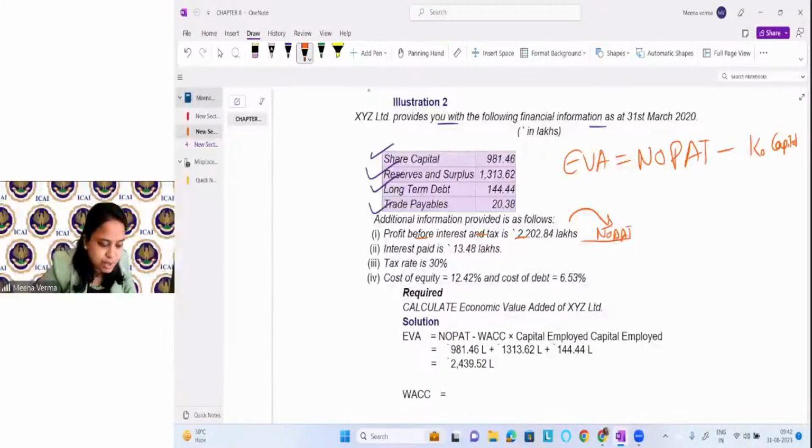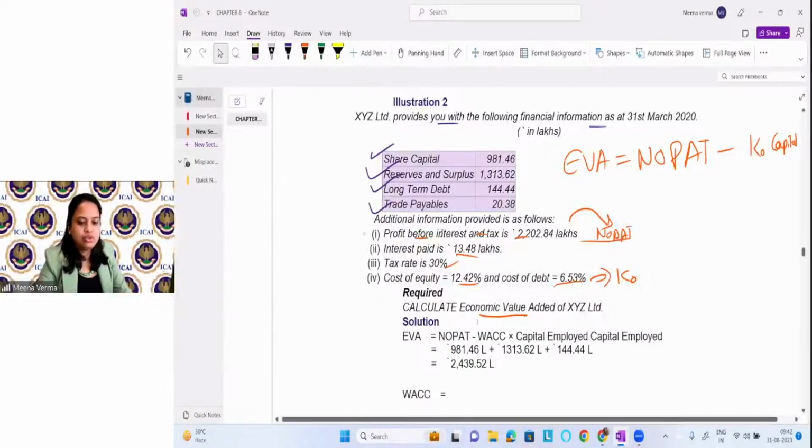Then interest paid is this. Okay. Then 30% is the tax rate. Then the cost of equity and the cost of debt is this. Now the point is that from the cost of equity and cost of debt, you have to find out overall cost of capital. Then calculate EVA. Okay.